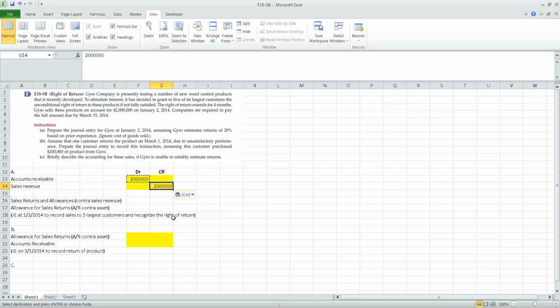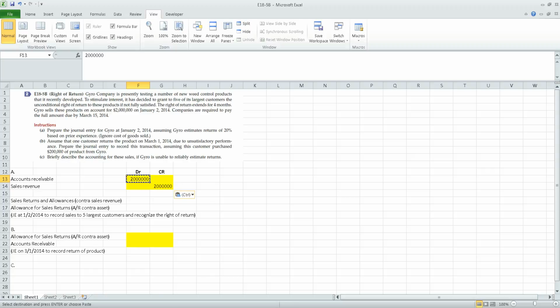Next, however, we have to estimate the amount of sales that we think will be returned. And what we're told here is the estimated amount of the sales return is 20%. So our best guess is that 20% of $2 million or $400,000 will be the amount of sales returns.